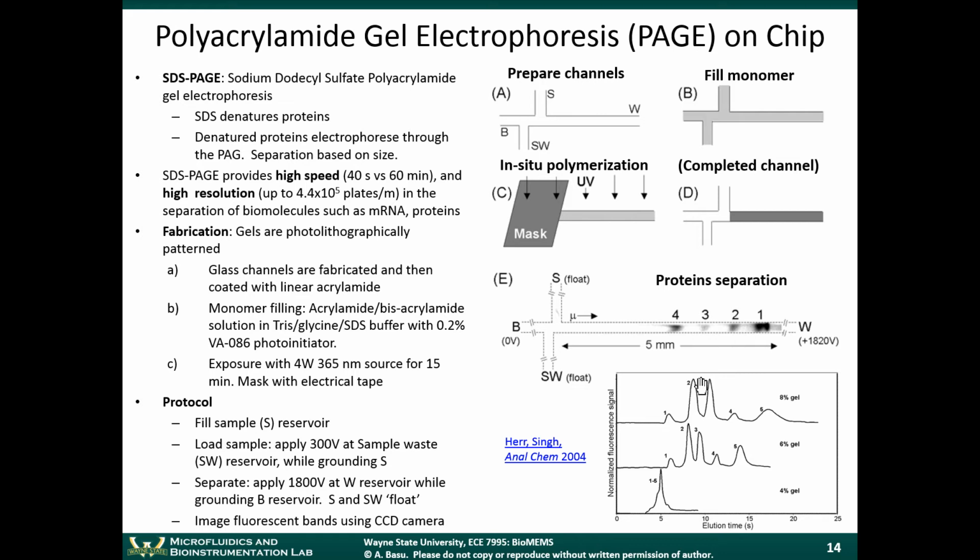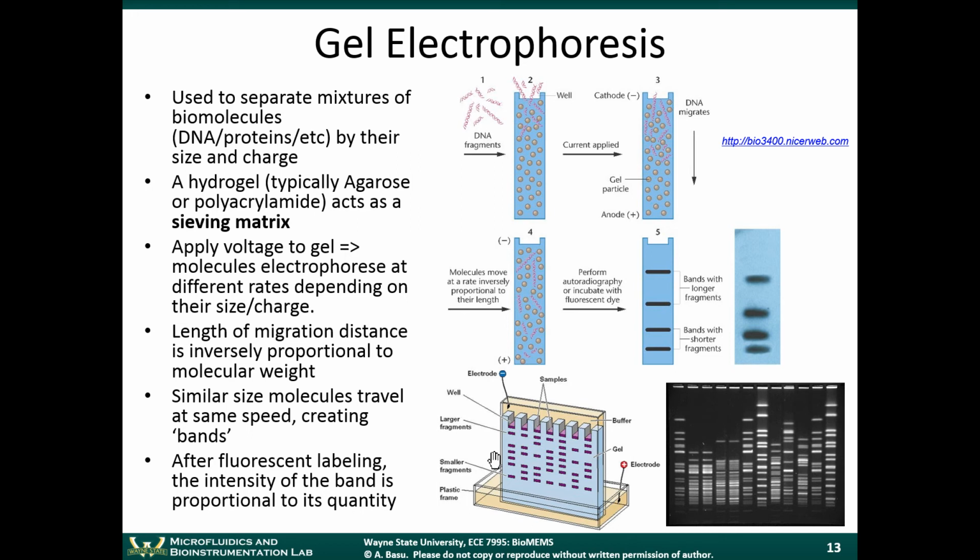So in the case of gel electrophoresis, miniaturization allows you to do high-speed separations. If we look at the previous slide, in a large-scale gel, proteins will electrophorese at a certain rate, so it will take them a long time to traverse through the gel, the larger the gel is.